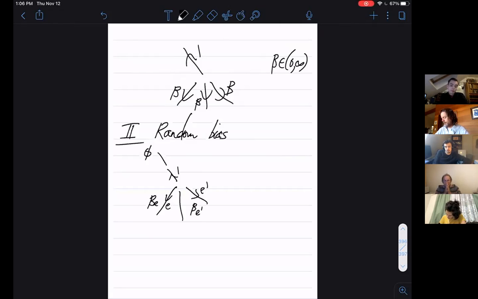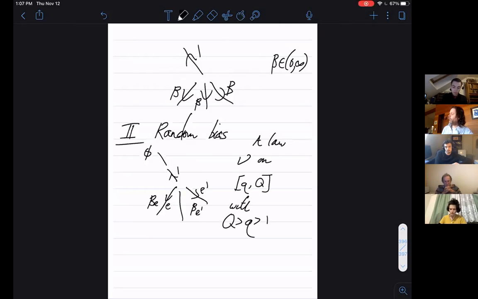There's going to be a law nu on the positive reals, but in fact on a compact subset thereof. As I stare at it now, I'm not quite sure why we need to take the law to be entirely supported on values strictly bigger than 1, but that's the condition I work with.